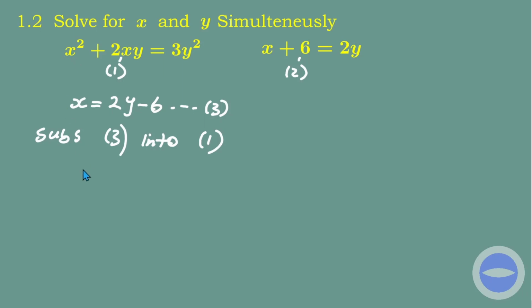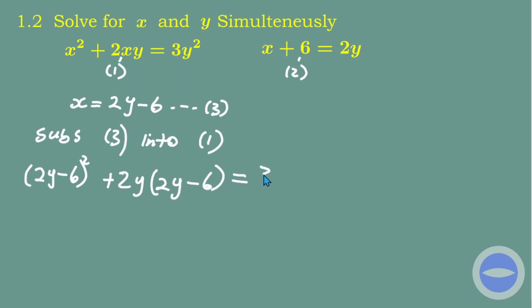Here I have x squared, that means I will put 2y minus 6 all squared, and then plus 2y, and then I have x here, I have to put 2y minus 6, equals 3y squared.